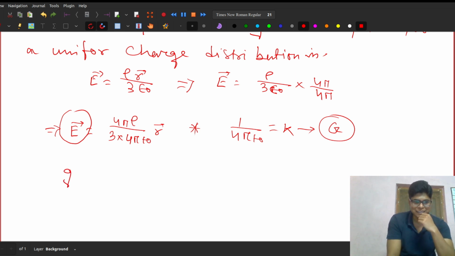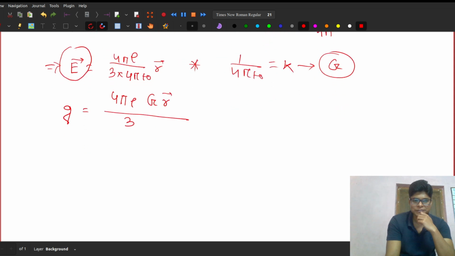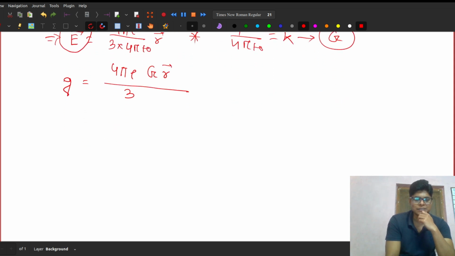So I can say g equals 4 pi rho G r divided by 3. Good enough? Now what is force? Force equals mg. This is given for any arbitrary planet, but I am using the concept of gravitation, which is good enough for this one.